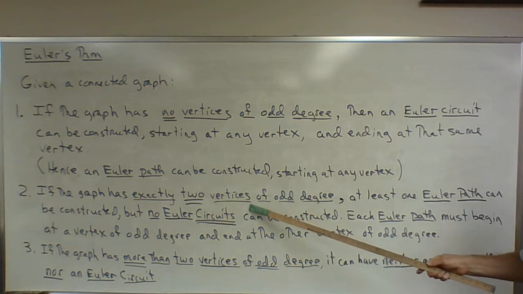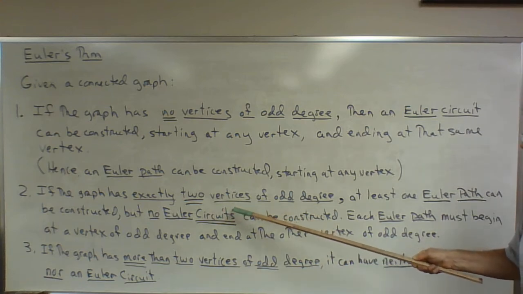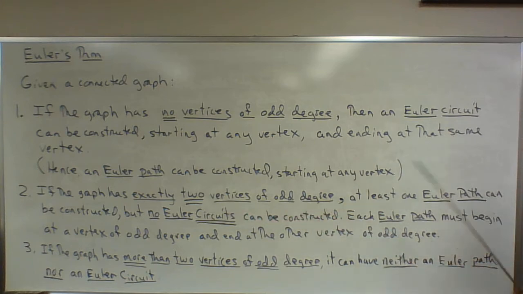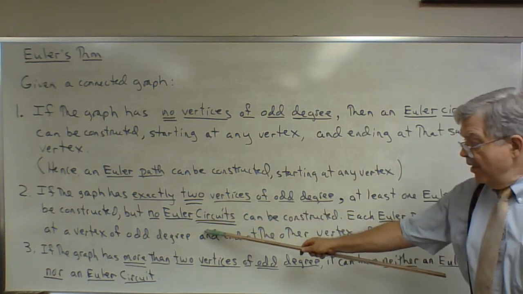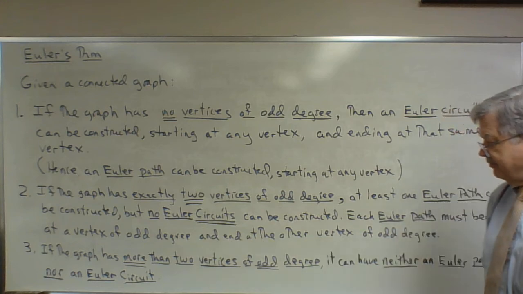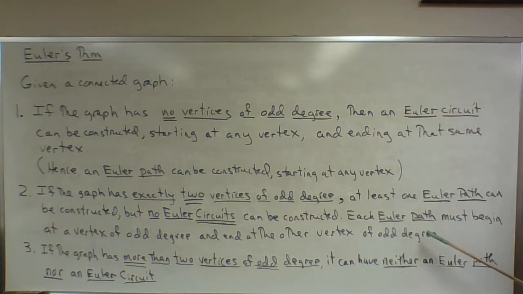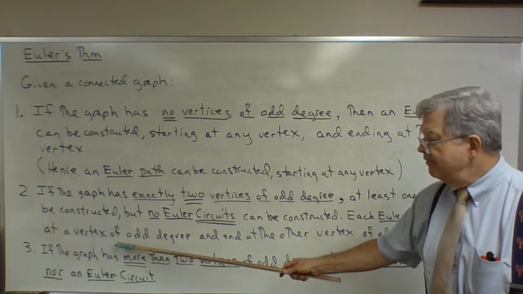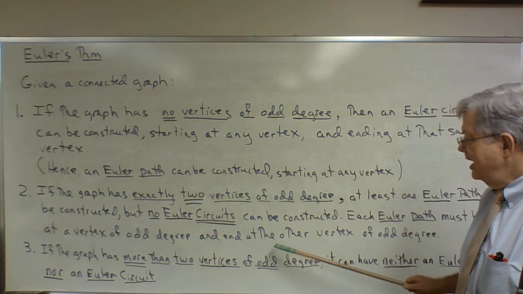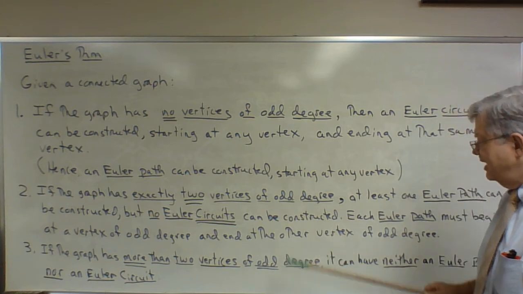So if we have exactly two vertices of odd degree, no Euler circuits. We can, however, construct an Euler path, but we have to be careful. We have to start at one vertex of odd degree and end at the other vertex of odd degree.